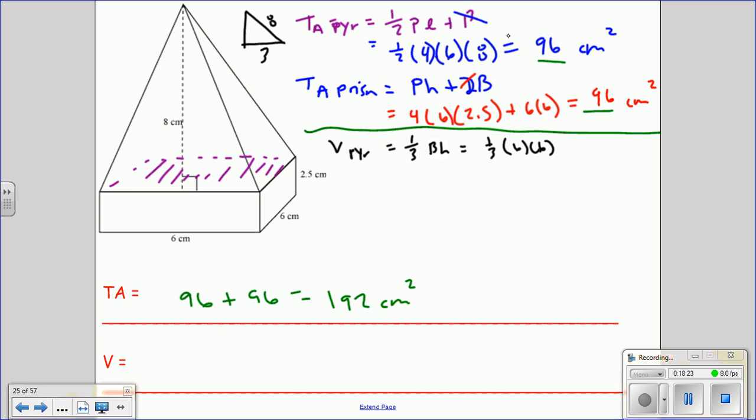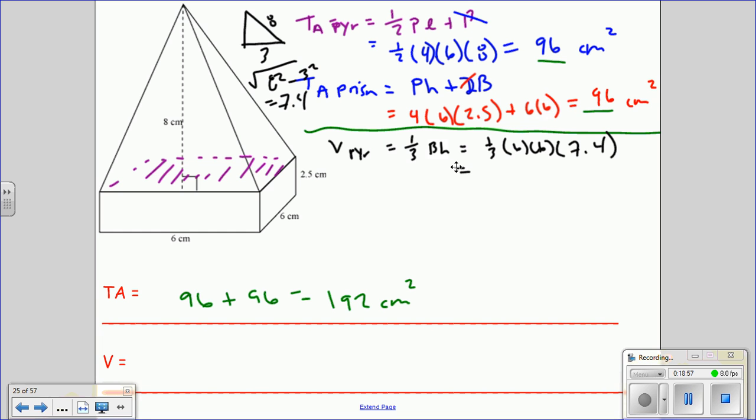So we would take the square root of 8 squared minus 3 squared to find the 3D height of the pyramid. Which would give you approximately 7.4 for your 3D height of your pyramid. So 7.4.